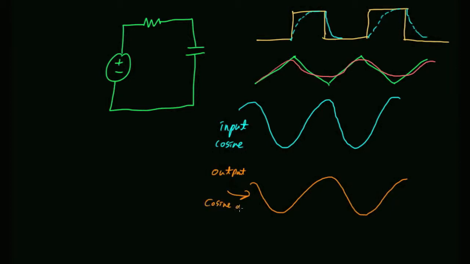Okay? So this is fundamental. This is sort of like the heart of it all. This is why we spend so much time worrying about cosines. Cosines have this magical property that no other signal has.